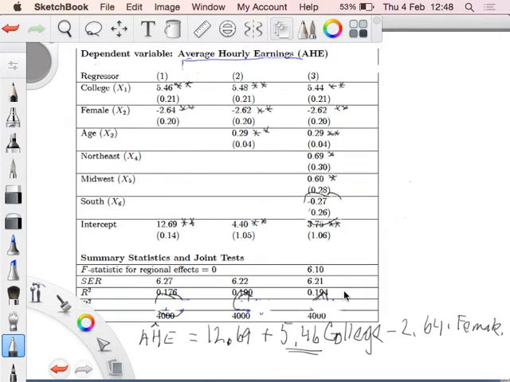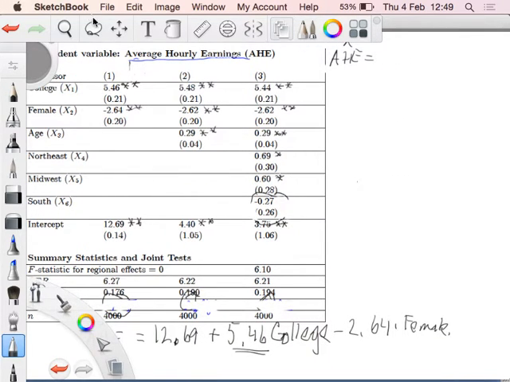The variable college takes value 1 if the person has a college degree, otherwise 0. Let's work out the average earning for a person without a college degree. This is 12.69, plus 5.46 times 0. Ignore the female part.